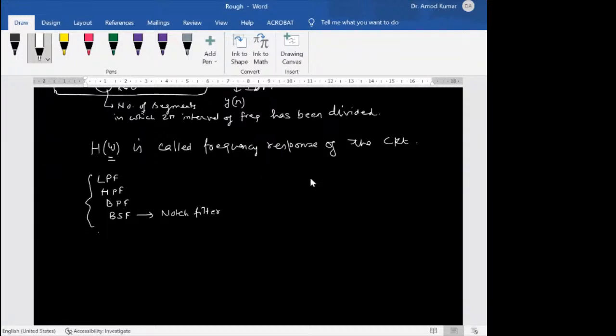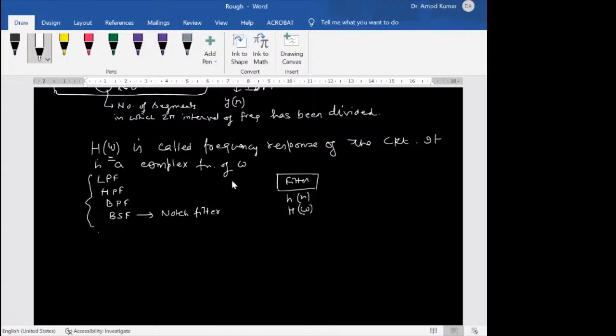And suppose there is a filter, and its impulse response happens to be hn, and let us say I take the discrete time Fourier transform. So this is the frequency response H omega. This H omega is a complex function of omega.